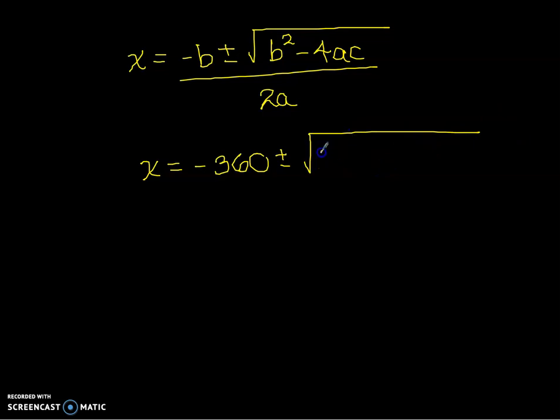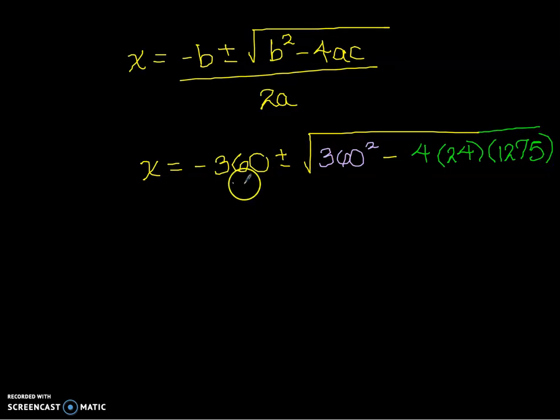So I'm writing 360 squared, and then bring down the minus sign, and I'm multiplying 4 times a, which is 24, times c, which is 1275. And that's going to be all over 2 times a being 24, so 2 times 24.